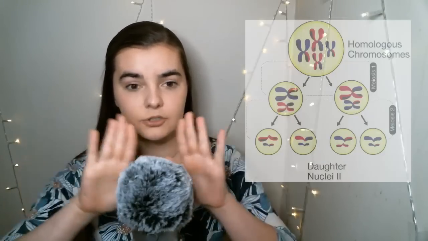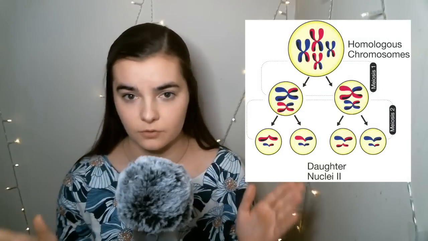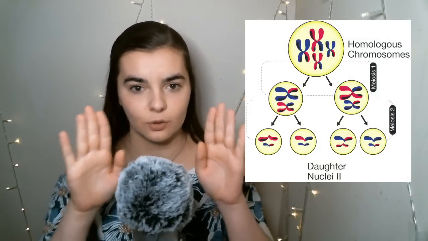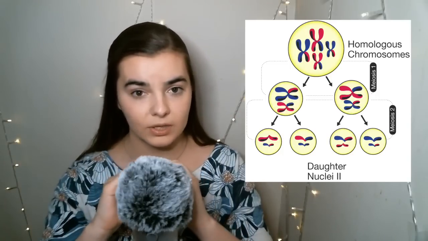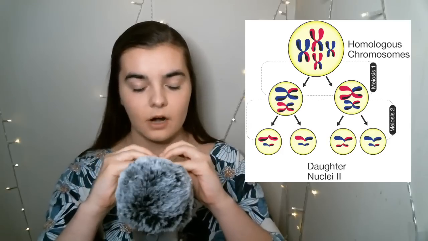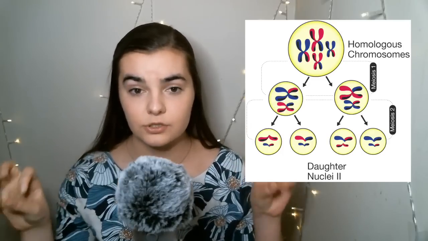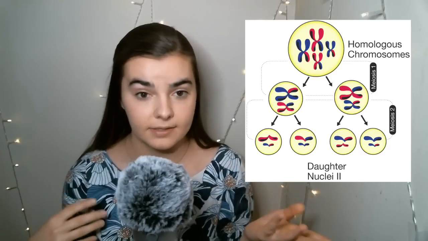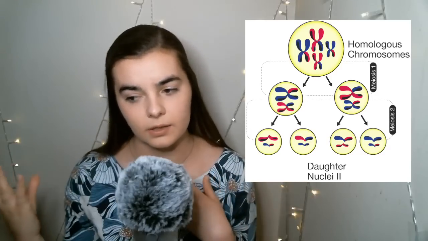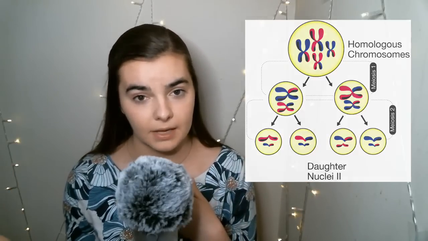They have 46 chromosomes, but they go through a process where each of those pairs of chromosomes, like chromosome number 1 and its partner, all line up in the cell, and they are separated into 2 separate gametes, which can be either egg cells in females or sperm cells in males.